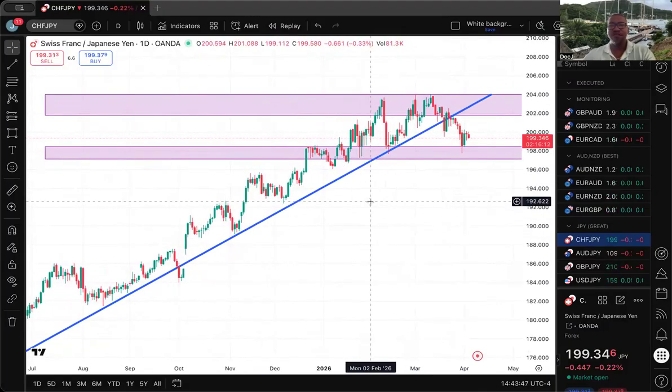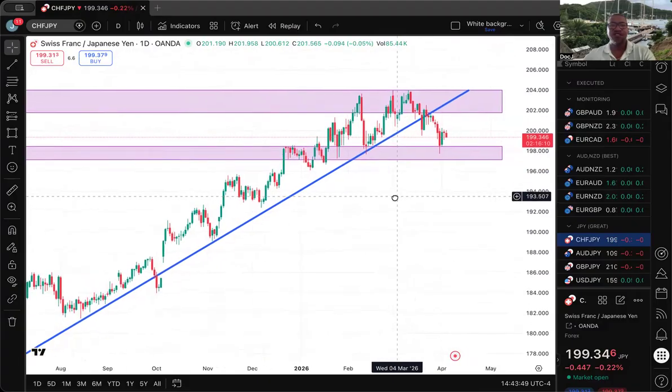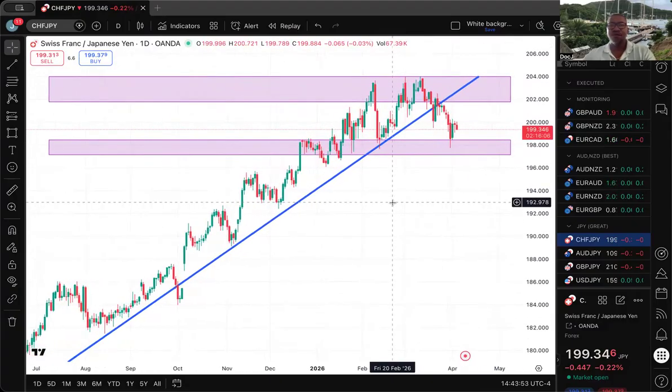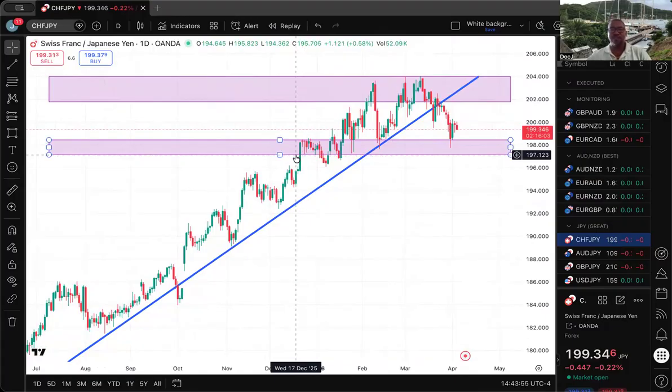Now, these are important in swing trading. When you put together your areas of support, areas of resistance, and your trend line, you have areas that you can expect price to move off of or to reject.